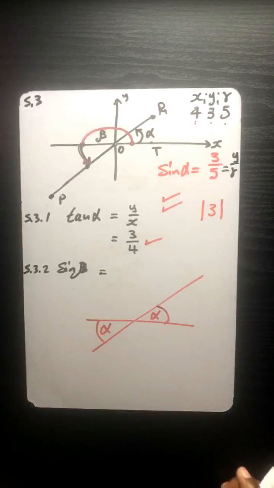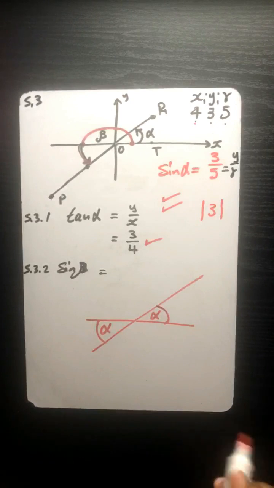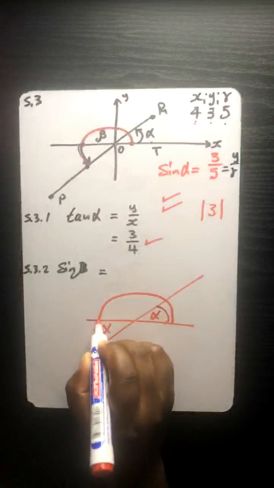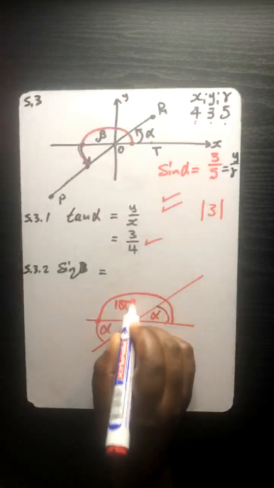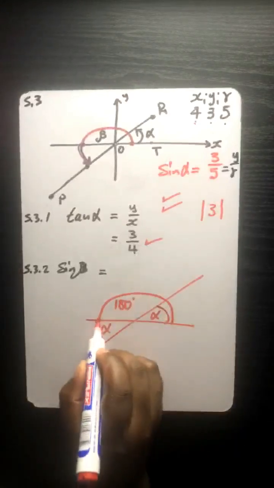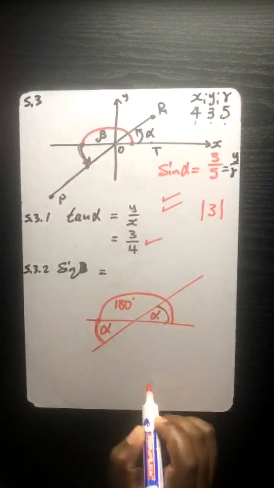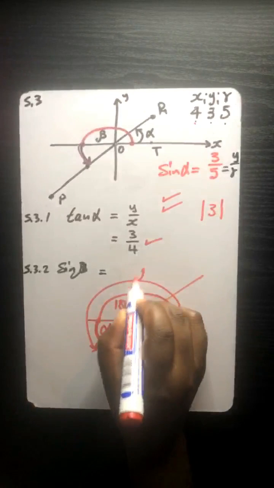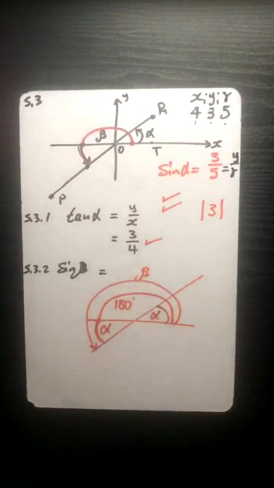So you guys will actually realize that from there all the way up to there, it's actually 180 degrees. And when you add it to this small angle, it is therefore a full angle. And that full angle is the one that is called angle beta.